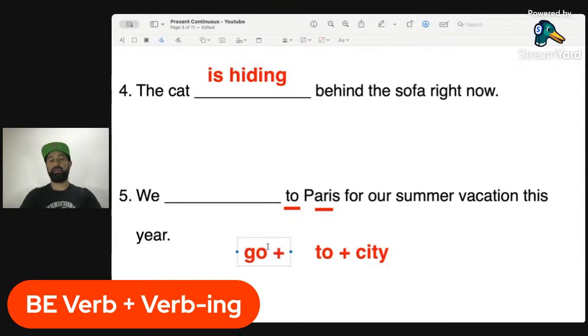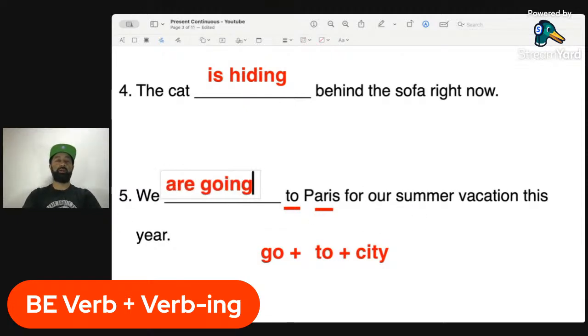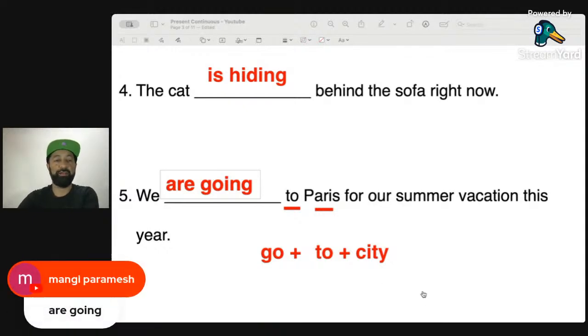So that's quite common to use go here. So go to somewhere, go to a city. So we are going to Paris. Paramesh, perfect. We are going to Paris for our summer vacation this year. Perfect. All right. It's going to get more difficult.